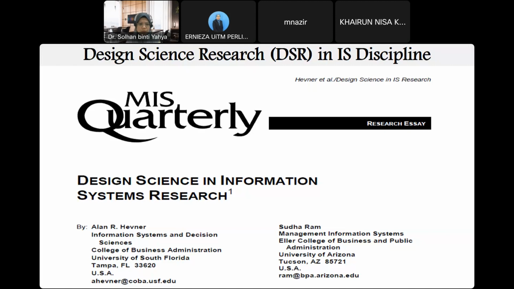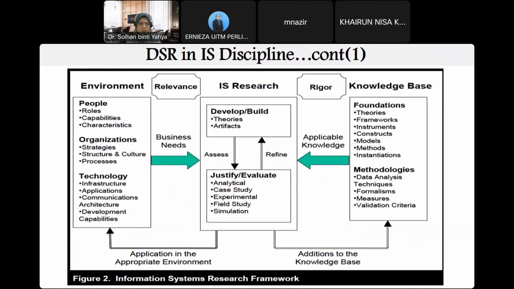Those in the information system field must know the MISQ journal. They were promoting that information system researchers must pay attention to the movement of design science in information systems.